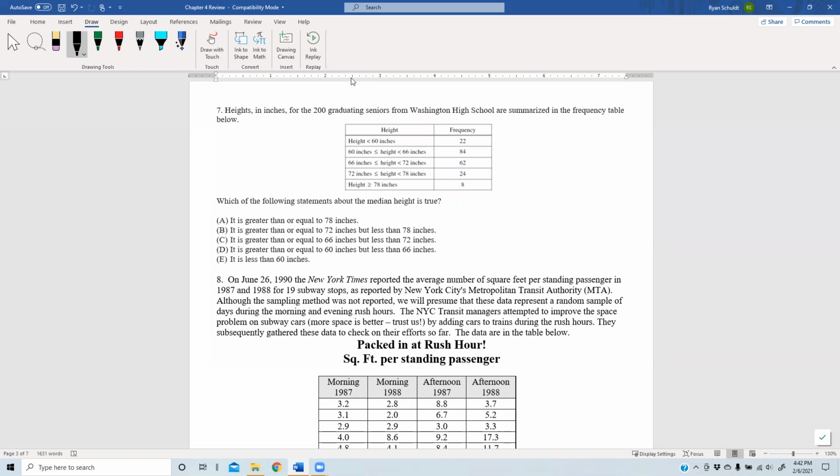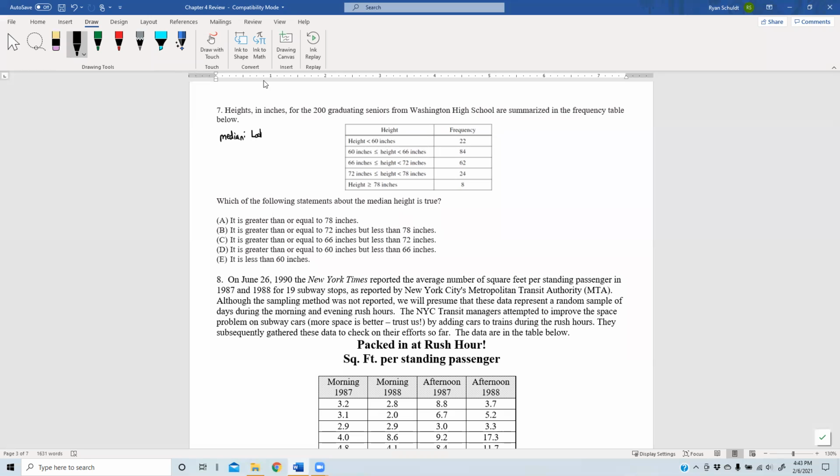That means that if we want to get the median, we have to look between, because we can divide it in half, the lower 100 and the upper 100.